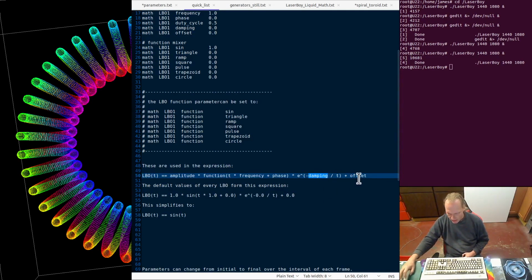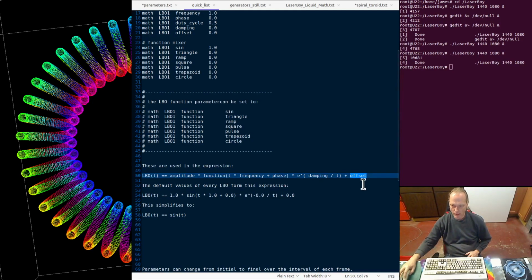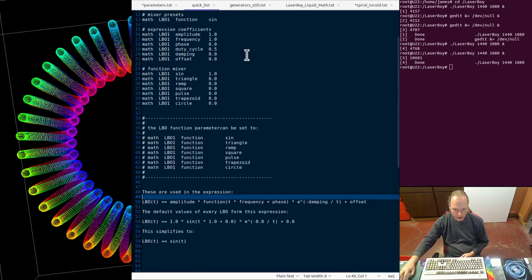And offset, which basically takes the waveform with respect to the 0 line and moves the whole thing up or down simply by adding a negative or positive number to it. And then if you put in the default values of all of these things, this is what you get if you just simply use an LBO object without changing any of these parameters.